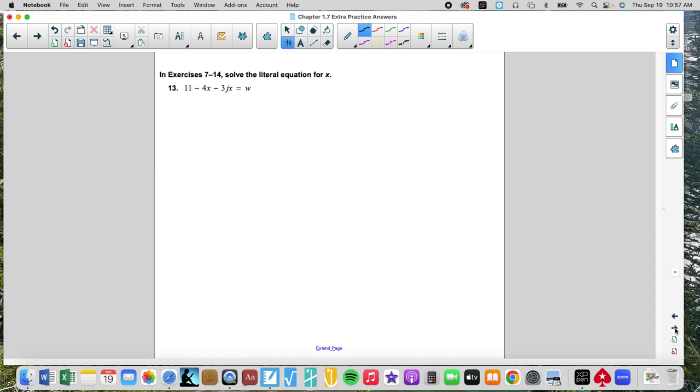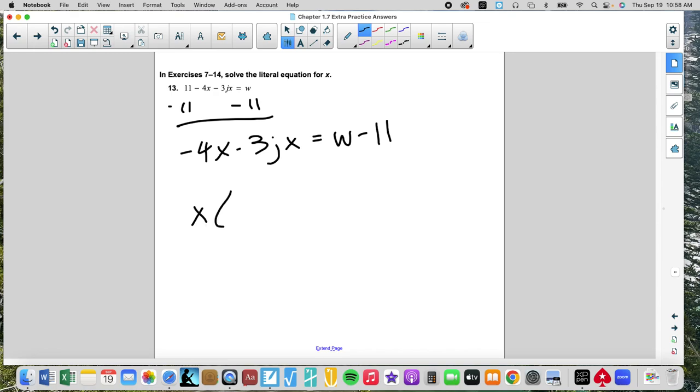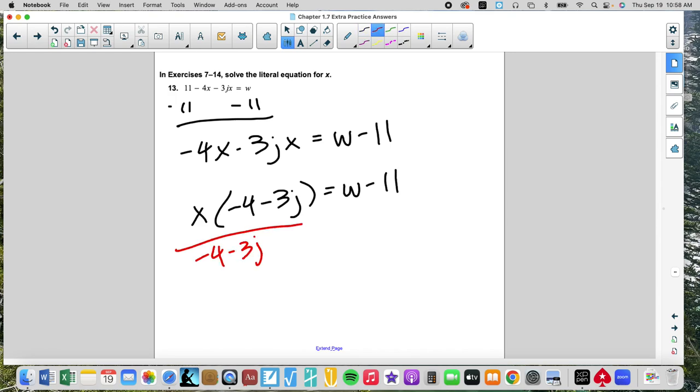Let's move that 11. Negative 4x minus 3jx equals w minus 11. Factor out the x. That's negative 4 minus 3j equals w minus 11. Divide by negative 4 minus 3j.